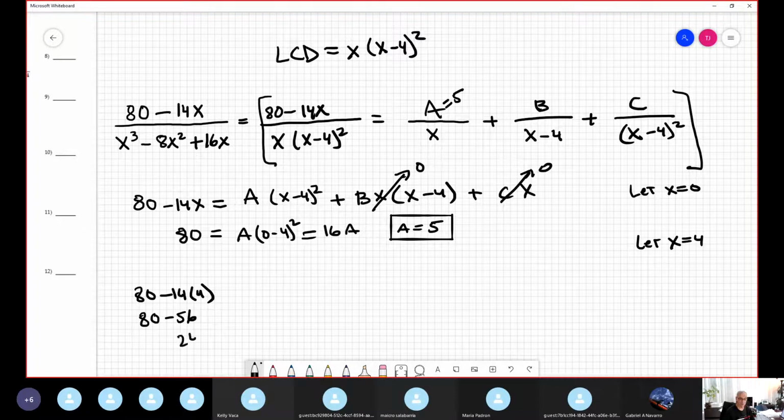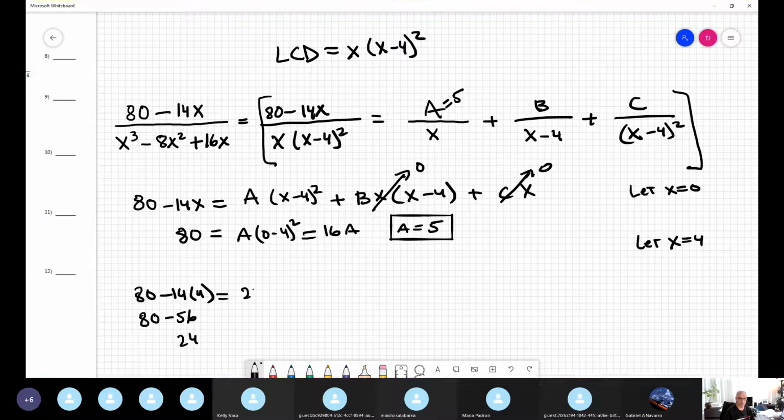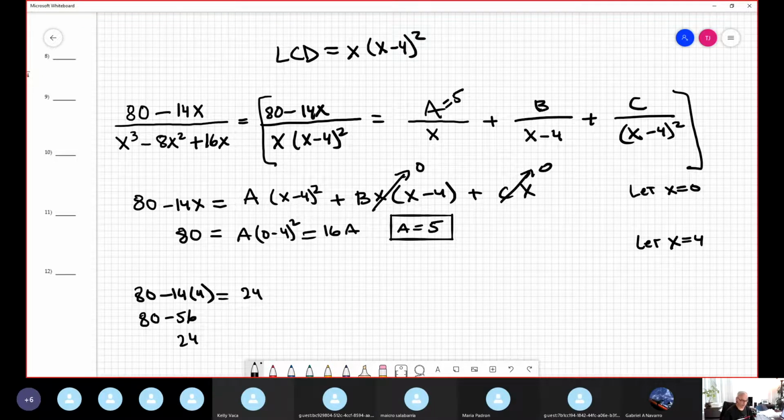So far we have 24 equal to something. When you plug in 4, this is cancelled. This again is cancelled. The only one that can stay alive is C. It's C times 4. And divided by 4 on both sides, C is 6. Yes. C is 6.